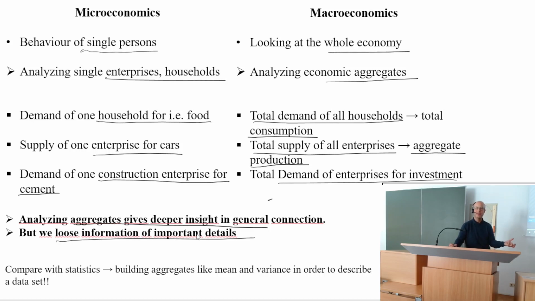And what you are doing then is calculating the average, the variance, maybe also the skewness of your data. And what you are doing with this is just aggregation. You want to describe your 100 data points with 1, 2, 3 numbers. So this we can really compare with statistics. Building aggregates means in general that we are averaging.